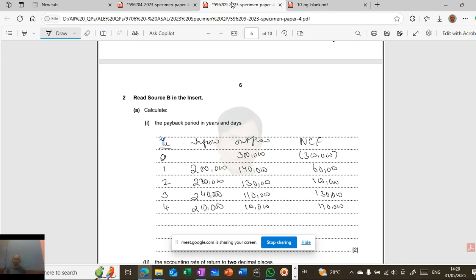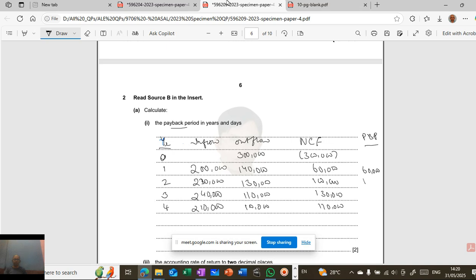So now you tell me how do you calculate the payback period? Yes. To calculate the payback period, we see how much time it's taking to recover. So 300,000 and 60,000, 240.